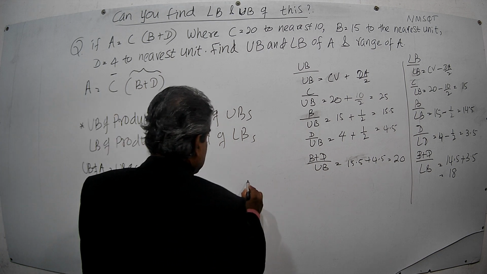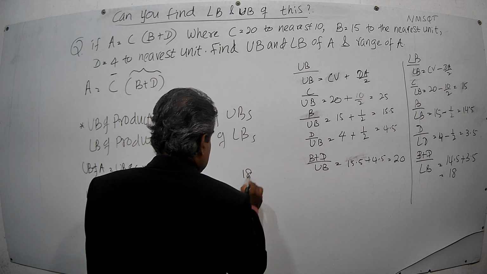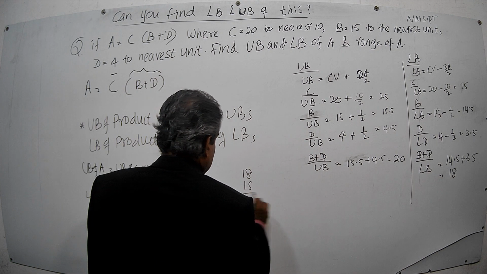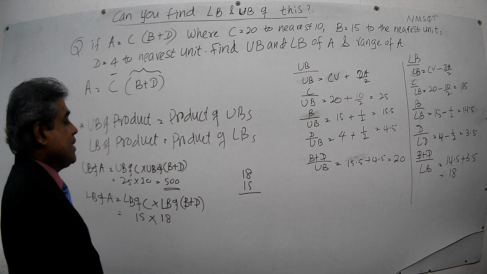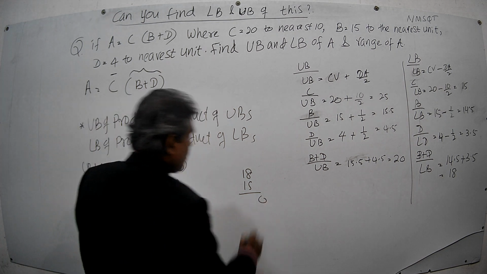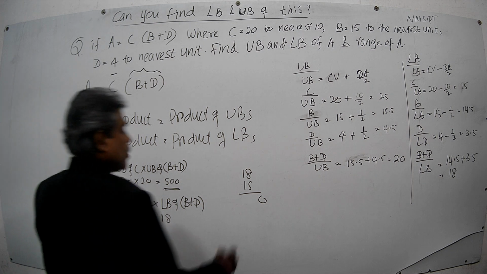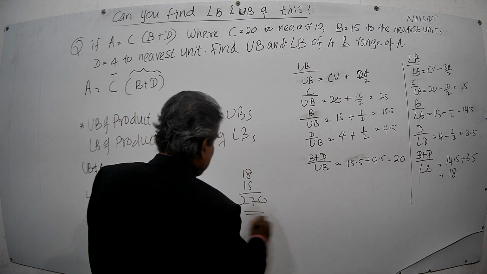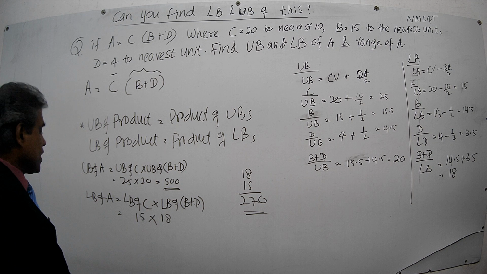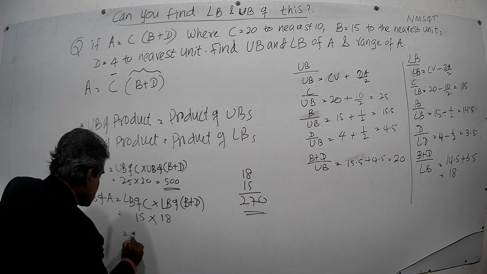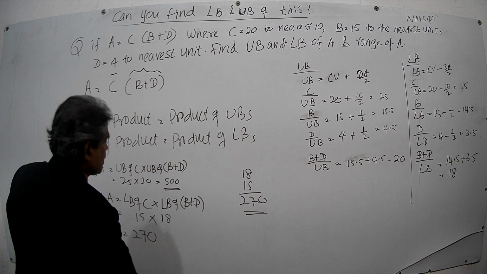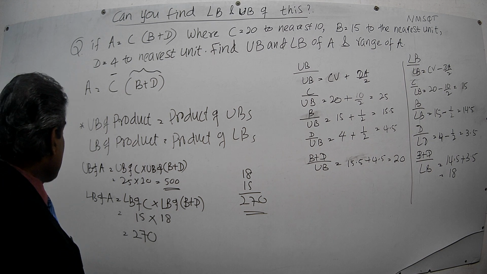Now 18 multiplied by 15. Okay. Now 15 times 8, 120. 12 is left. 15 times 1, 15 plus 12, 27. So 270. That is the lower bound. That is 270. Right. That is the lower bound of A.